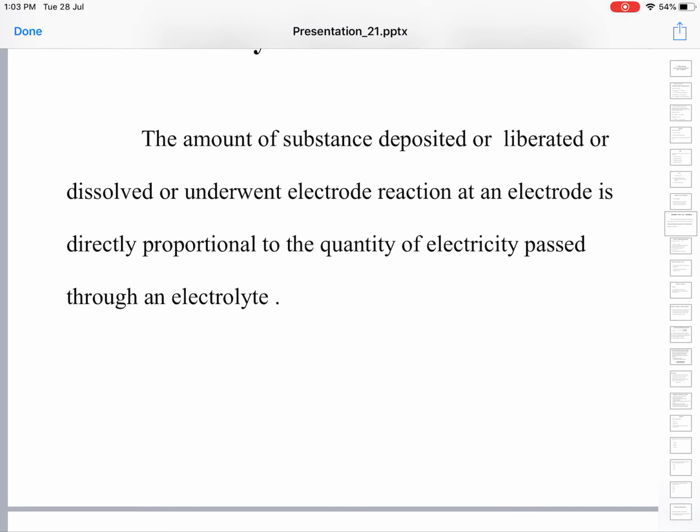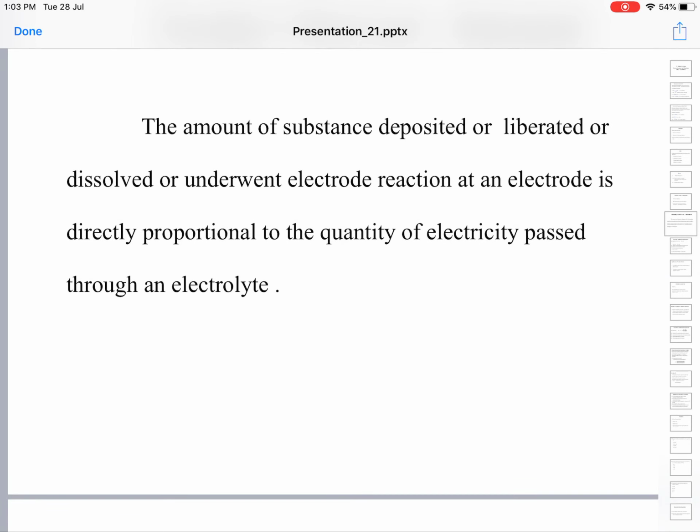Faraday's first law statement: this is how he expressed it. The amount of substance, or the mass of the substance, or quantity of the substance, any word you can use, deposited or liberated or dissolved or that underwent an electrode reaction. At electrodes all these things can happen due to the passage of electricity.